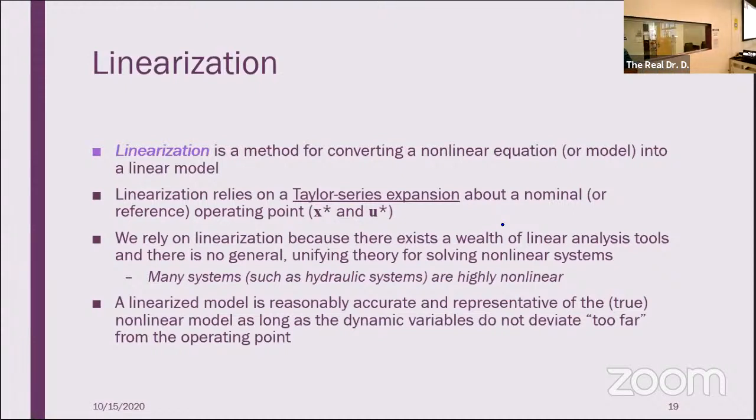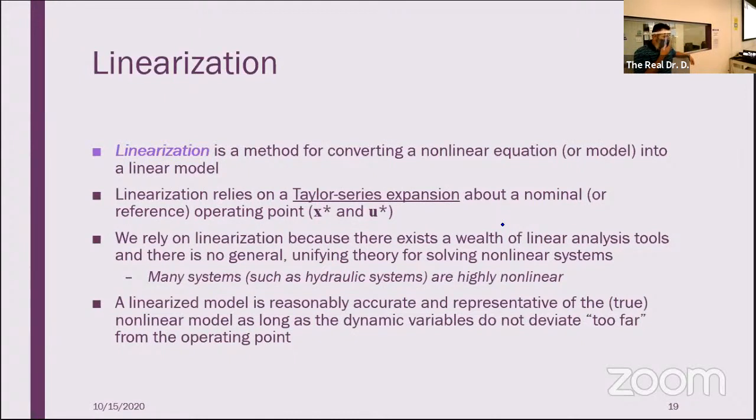Why do we want to linearize things? Because then we can solve them. It's a lot easier to solve a linear equation than a nonlinear one. Why? There's a wealth of linear analysis tools, and there's no general unifying theory on solving nonlinear systems. Further, many real-life systems are highly nonlinear, such as hydraulic systems.